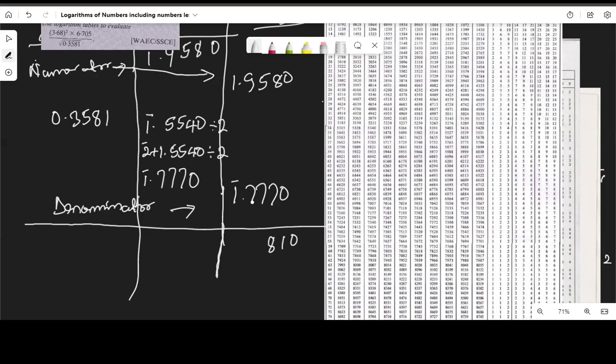This remains 8. 8 minus 7 is 1. Point 1 minus minus 1 is 1 plus 1, which is 2. So I have 2 here. So we look for the antilog of 18 under 1.